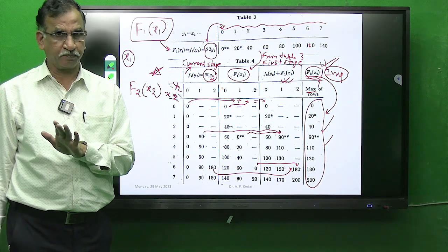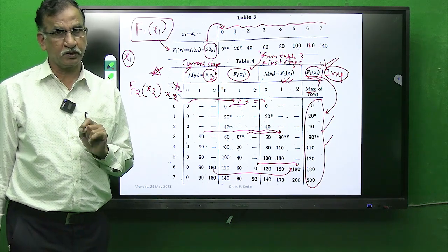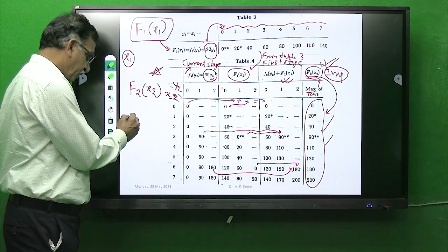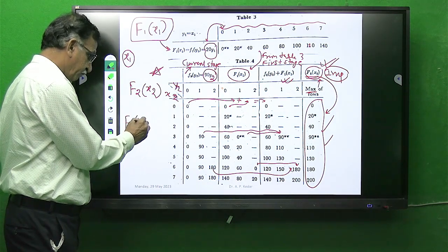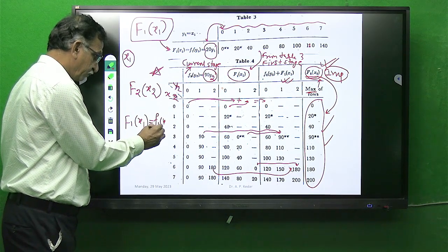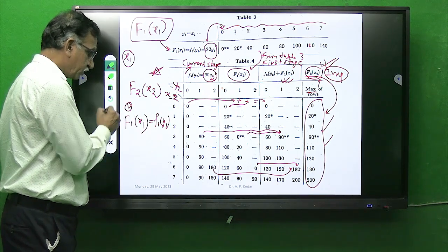Initially, in the previous slide, we calculated f1 x1, which was nothing but f1 of y1. This is our first stage.